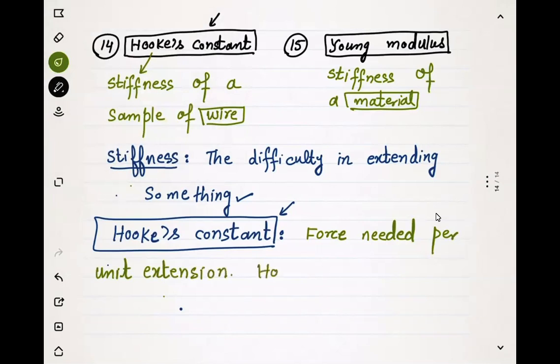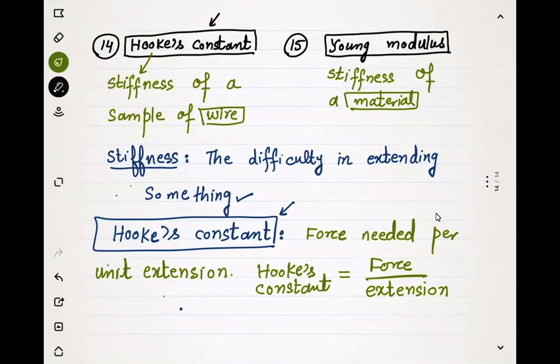So Hooke's constant can be written as force over extension. How much force you need to extend something by 1 meter. For example, if a wire has a Hooke's constant of 100, it means that 100 Newton of force is needed to extend the wire by 1 meter.